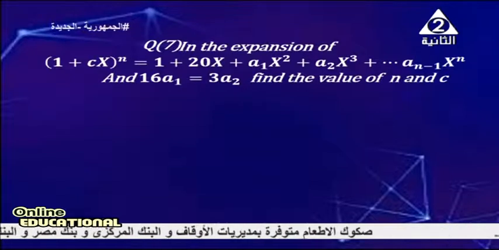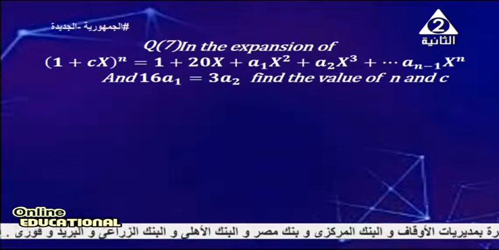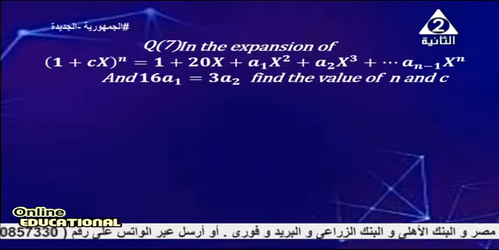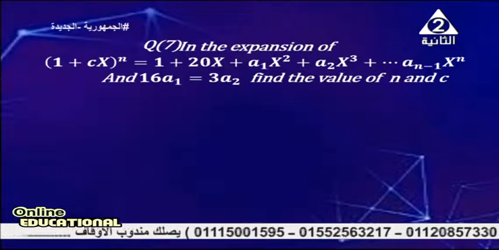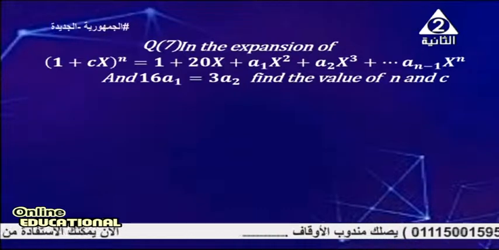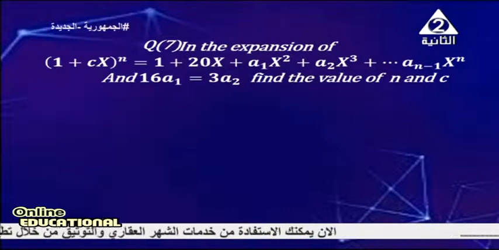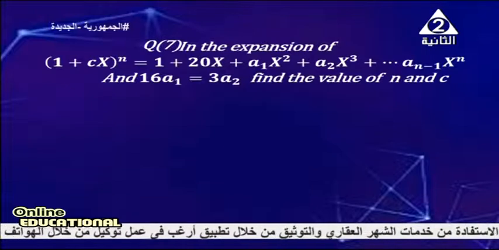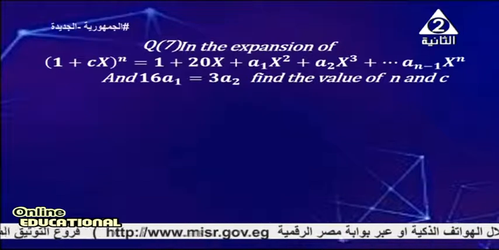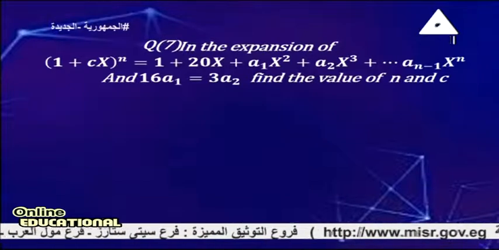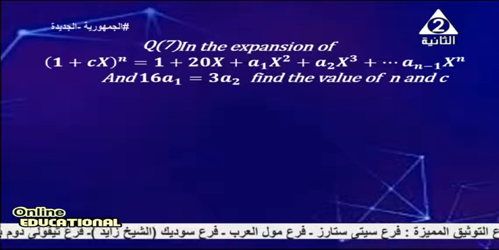My dear student, if we have the expansion of (1 plus cx) to the power n, when we expand, the first term is nC0 (cx) power 0, then nC1 (cx) power 1, then nC2 (cx) power 2, and so on.